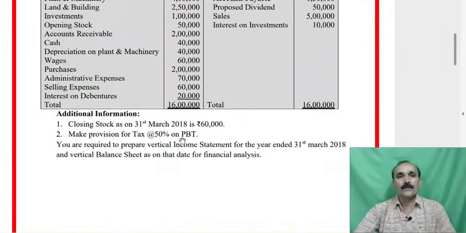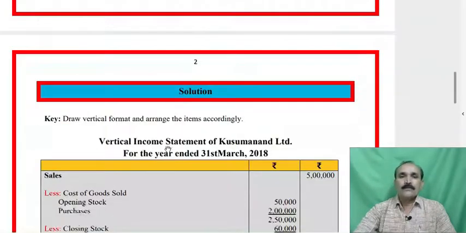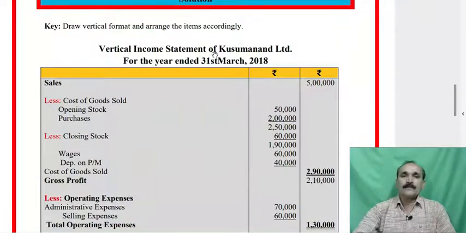Dear student, we are going to prepare firstly the vertical income statement of Kushmanand Limited for the year ended 31st March 2018. Particulars, rupees.